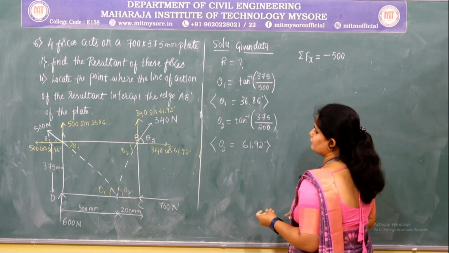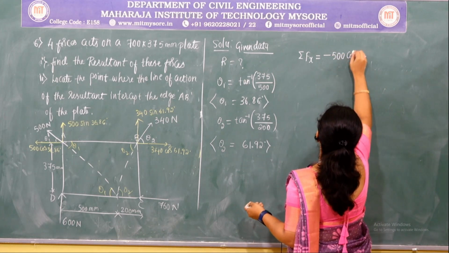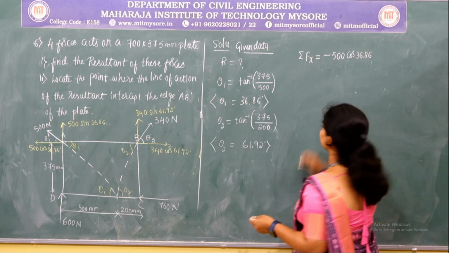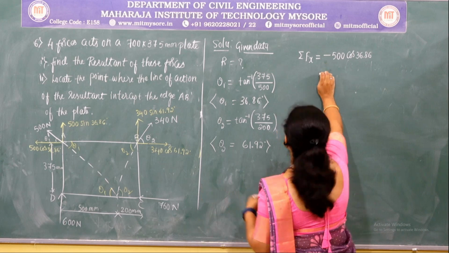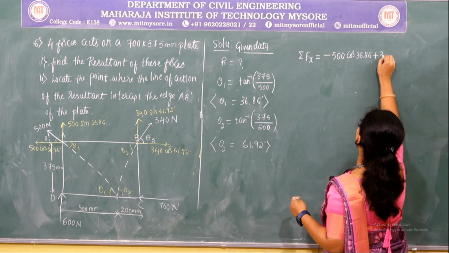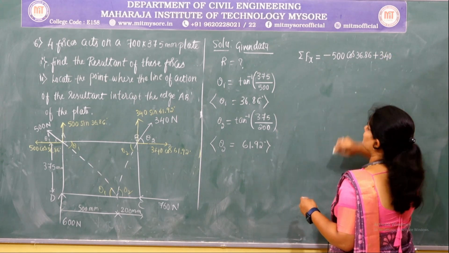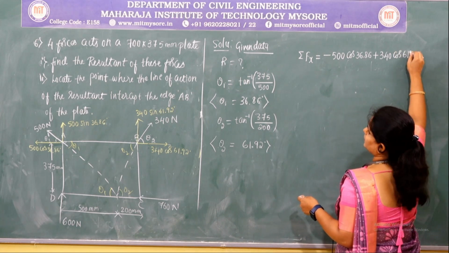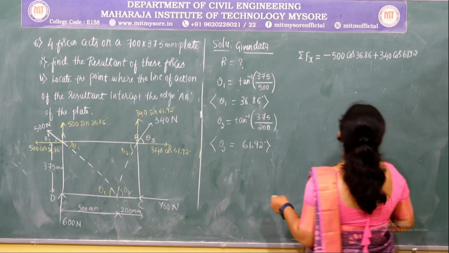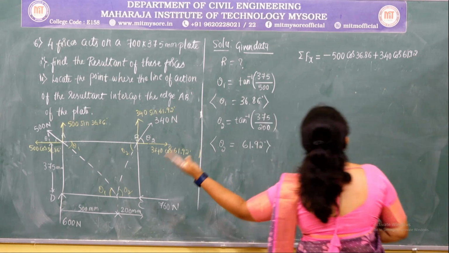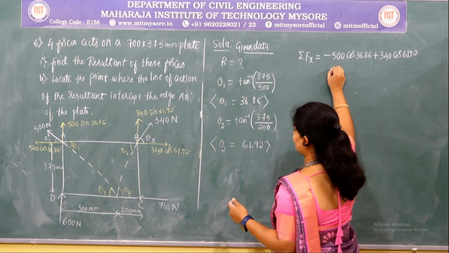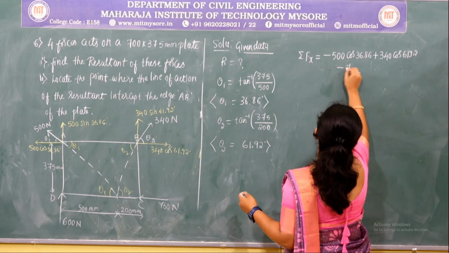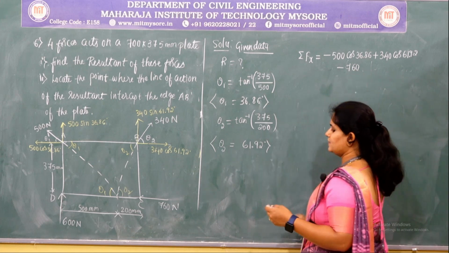So the summation of Fx will be equal to: at point A, a horizontal force of magnitude 500 cos 36.86 which is acting towards the left, that is why it is negative. Next at point B there is a right moving horizontal component, that is 340 cos 61.92, and at point C there is a left moving force of magnitude 760, which is minus 760.